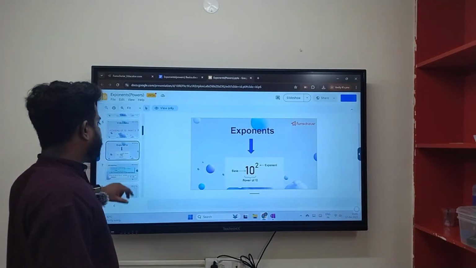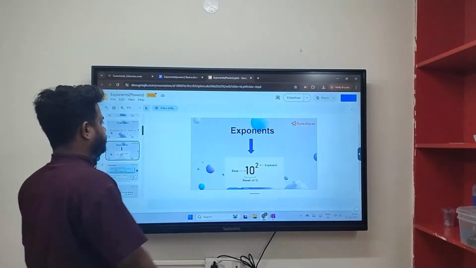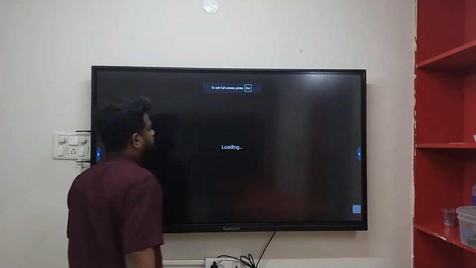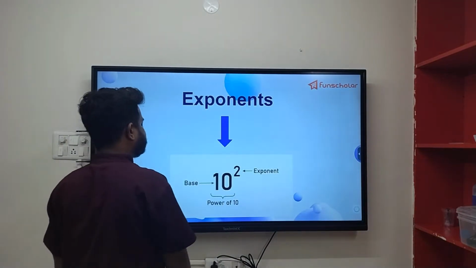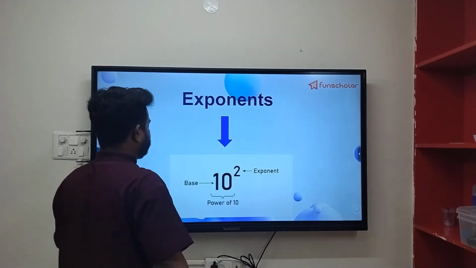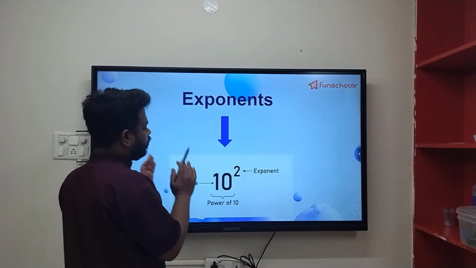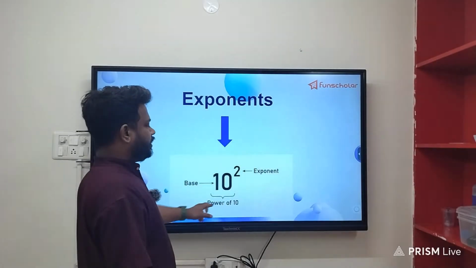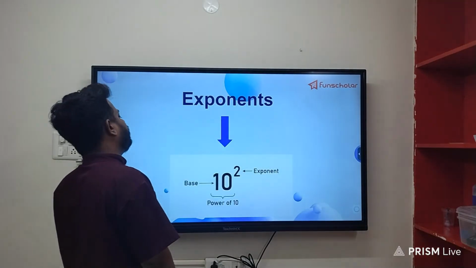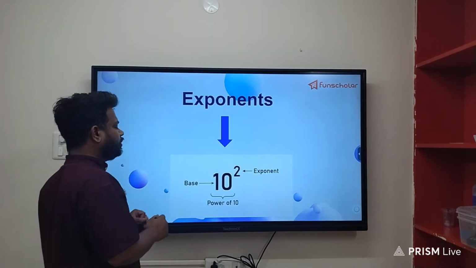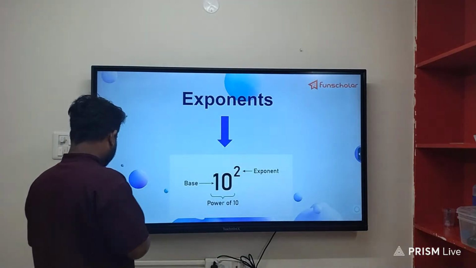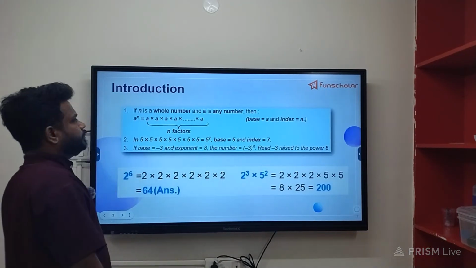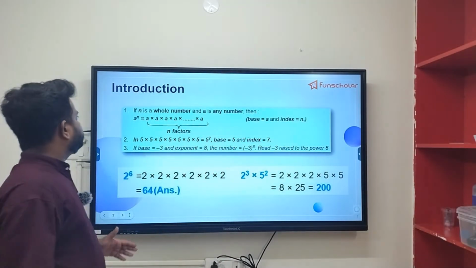Now come to the basic points. Just like I told you earlier, here 10 is the base and 2 is the exponent, and the whole term will be called the power of 10.